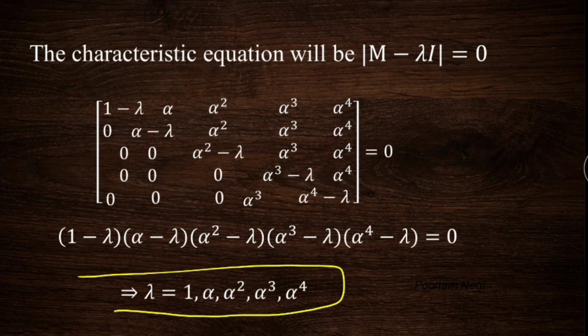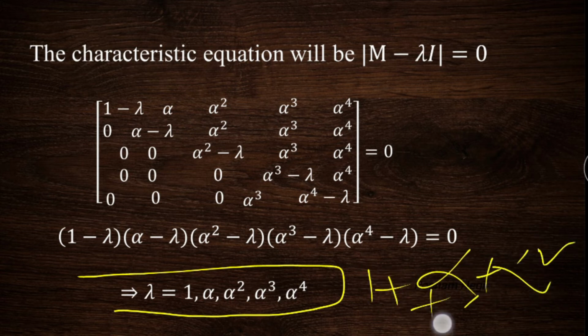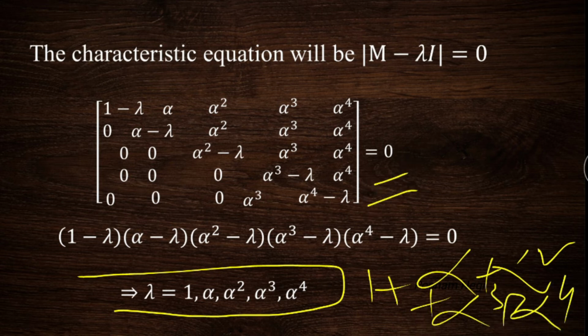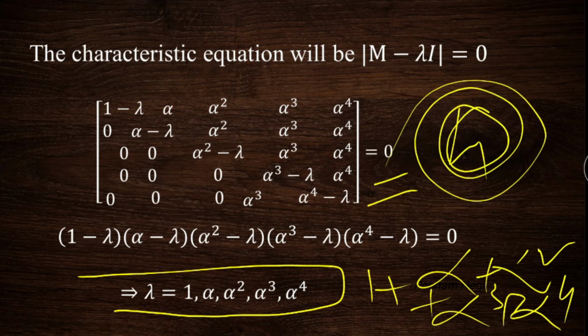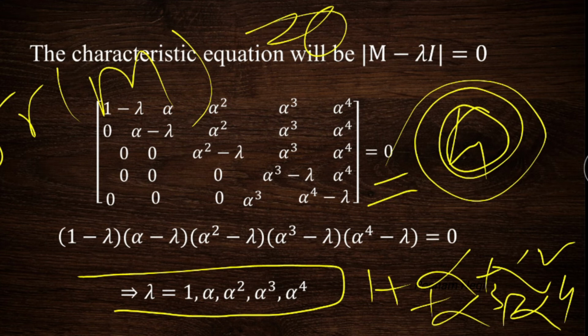So it will be 1 plus alpha square plus alpha cube plus alpha to the power 4. That is nothing but 0, because alpha is the fifth root of unity. That means the trace of this given matrix M is 0.